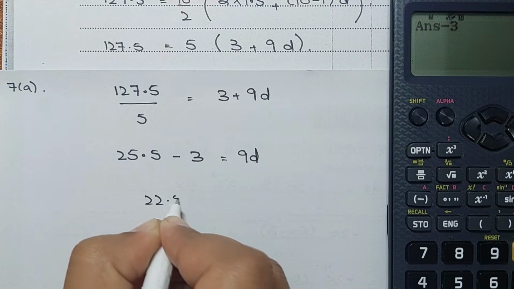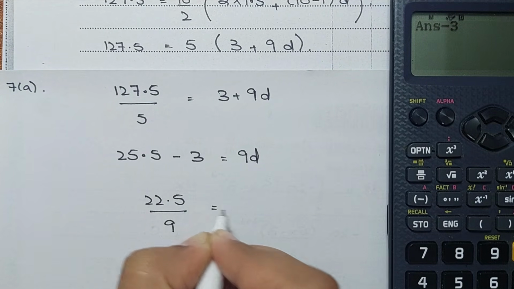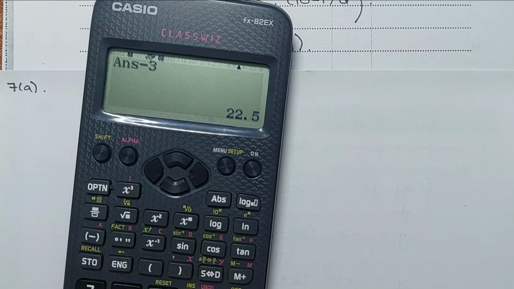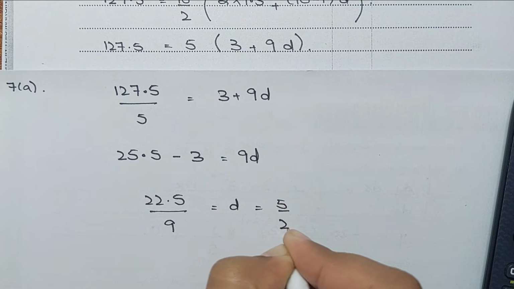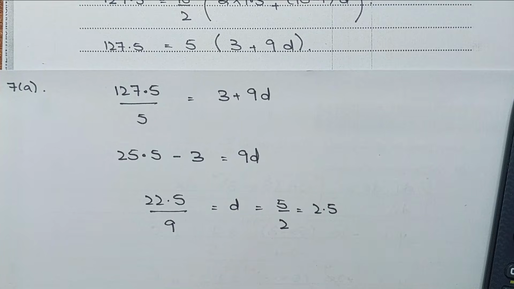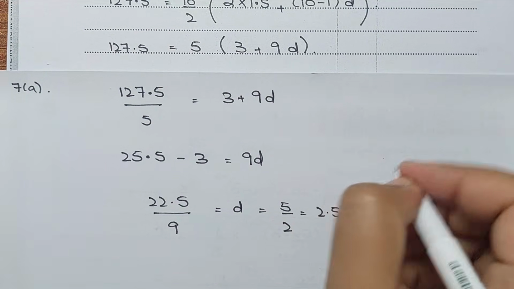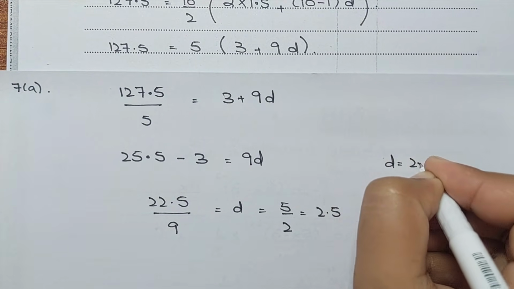So 22.5 divided by 9 is your D value, which is 5 by 2, or 2.5. So here we can say the D value is 2.5.